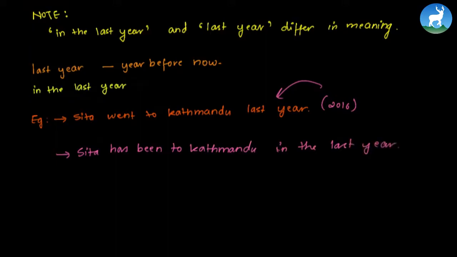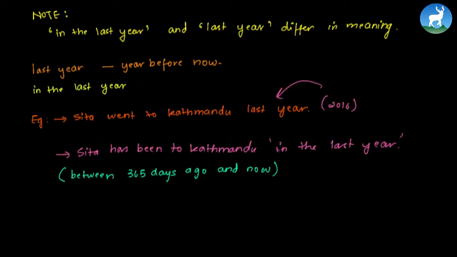is different. It means Sita has been to Kathmandu at least once at some point between 365 days ago and now. So it does not mean 2015, but some point of time between a year ago and now. This could be a tricky one, the use of "last year" and "in the last year".